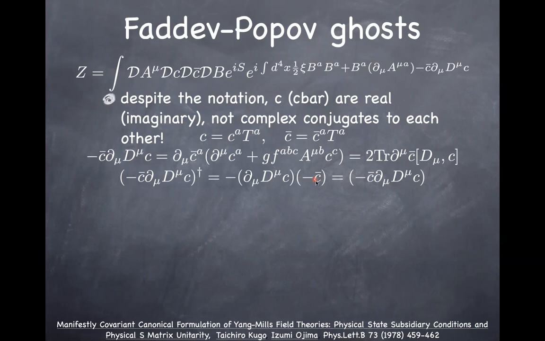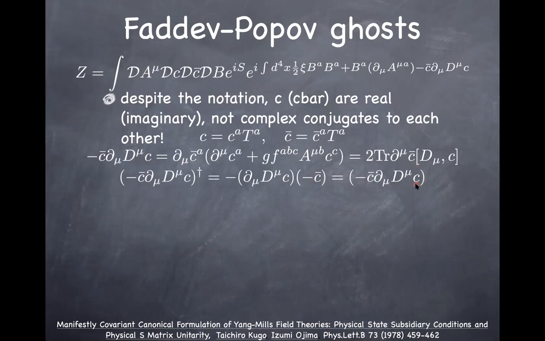And then we remember the fact that these are meant to be fermions. If you interchange the order of the fermion fields, they are Grassmann odd, so they anti-commute. So changing order between C and C̄ gives you a minus sign. That cancels one of the minus signs here. The other minus sign remains. So that's how this Lagrangian is Hermitian.